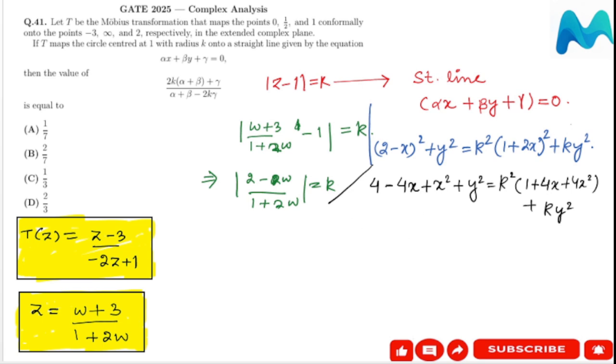So it's a k square, sorry. So we can write 4 minus 4x plus x square plus y square equal to k square plus 4k square x plus 4k square x square plus k square y square.